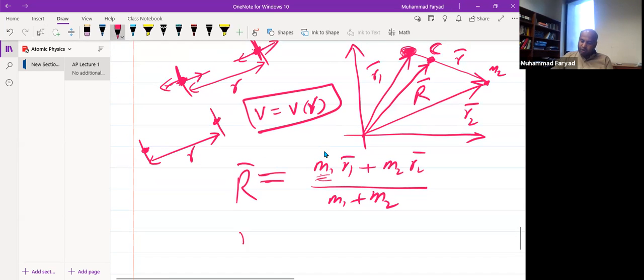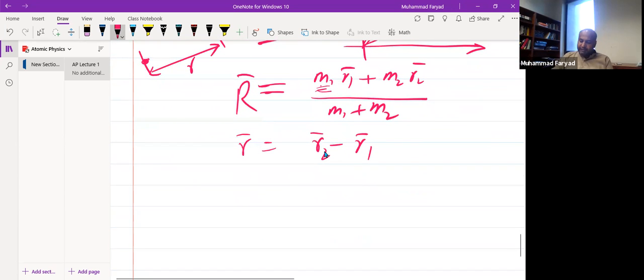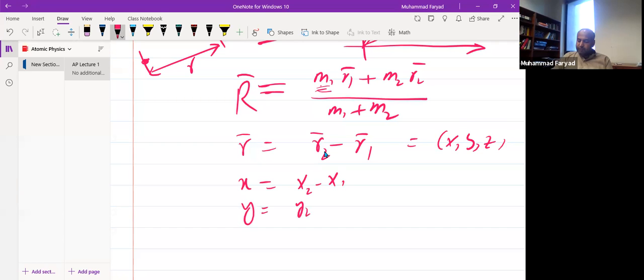Similarly, this small r vector is nothing but R2 minus R1, which means that if we have this x coordinate representing r, so this is x, y, z, then x is nothing but x2 minus x1, y is nothing but y2 minus y1, and z is nothing but z2 minus z1.